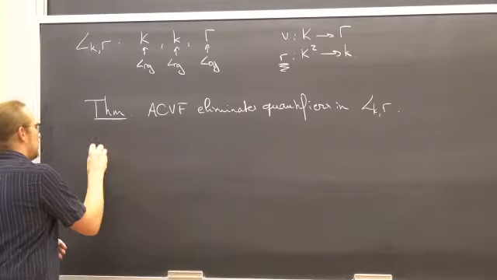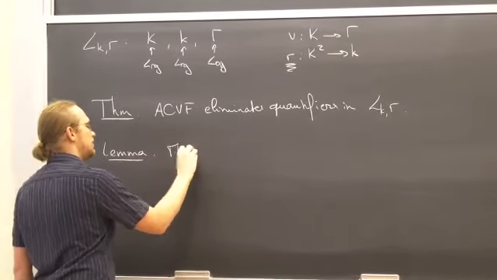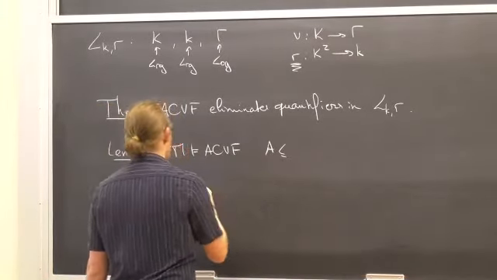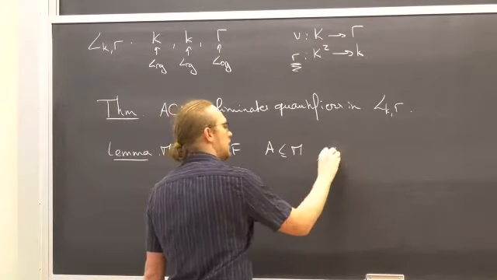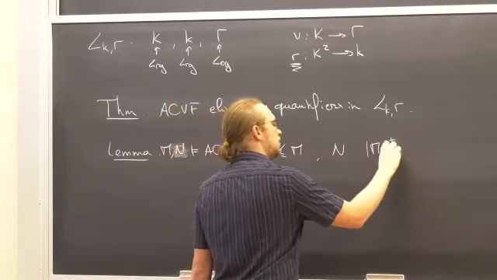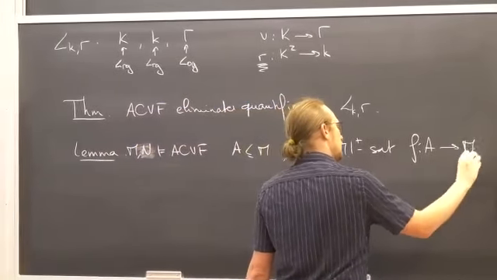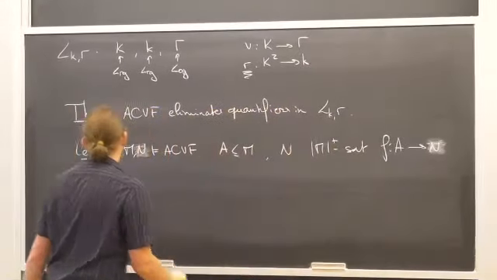So if we look at the embedding lemma, what did it say? I take M and N, models of ACVF, and I take A inside of M, and I assume it to be M plus saturated, and F goes from A into N, and we want to extend it.